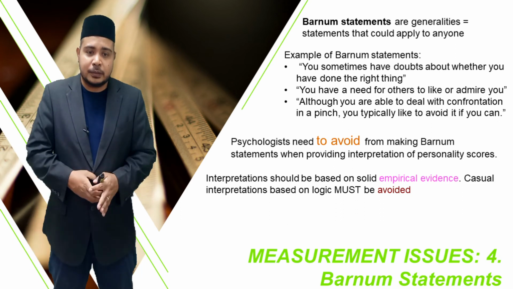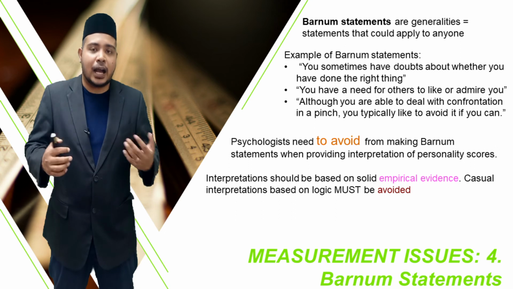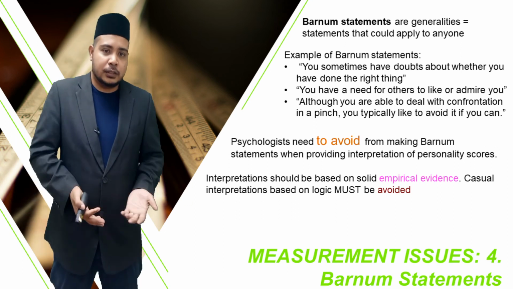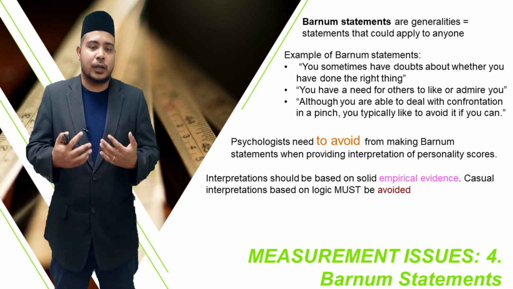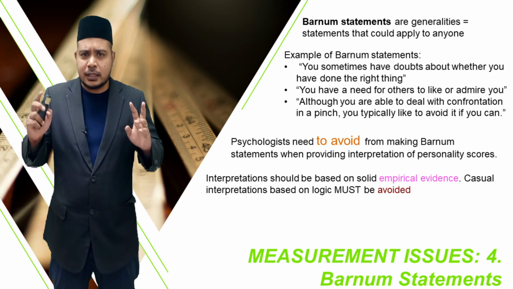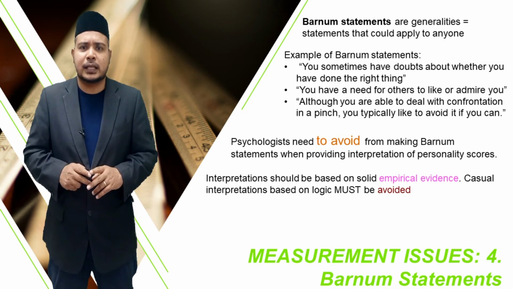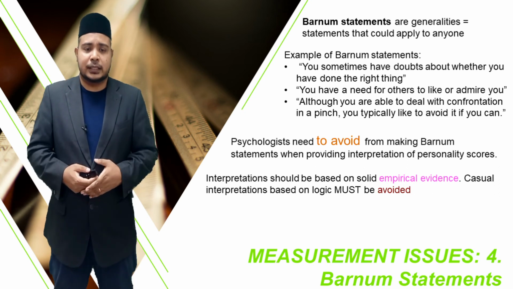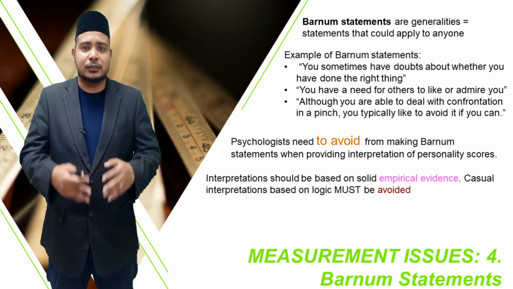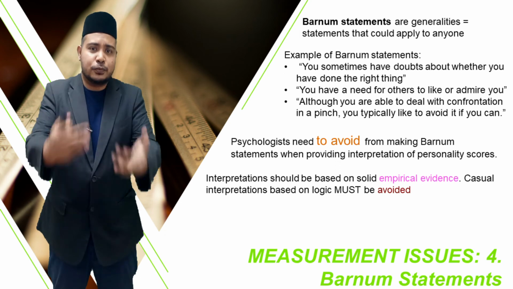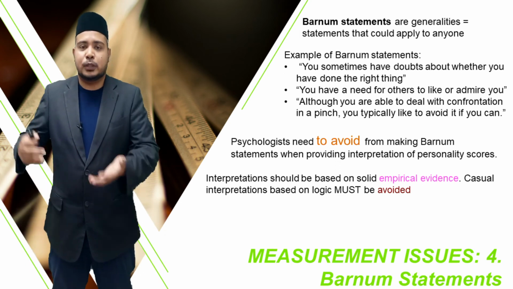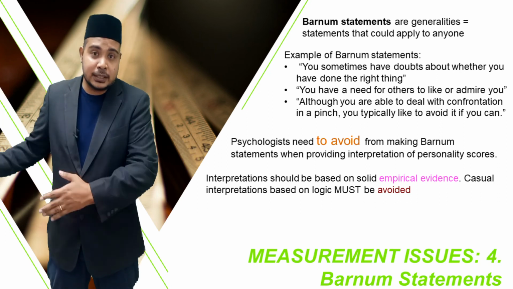So for an example of Barnum statements: you sometimes have doubts about whether you have done the right thing or the wrong thing. You have a need for others to like or admire you. Okay, it does really sound like an interpretation of your personality, but these statements are basically applicable to everyone. So what is the difference between people who have high agreeableness and people who have high conscientiousness?